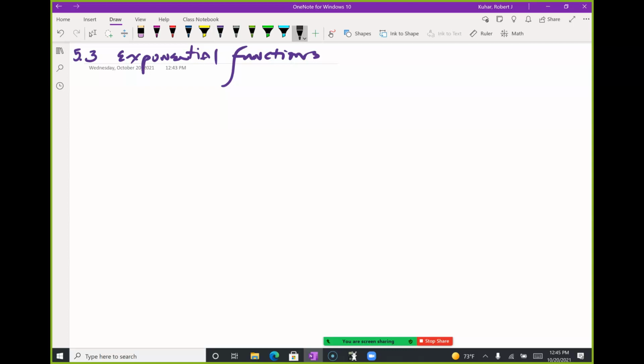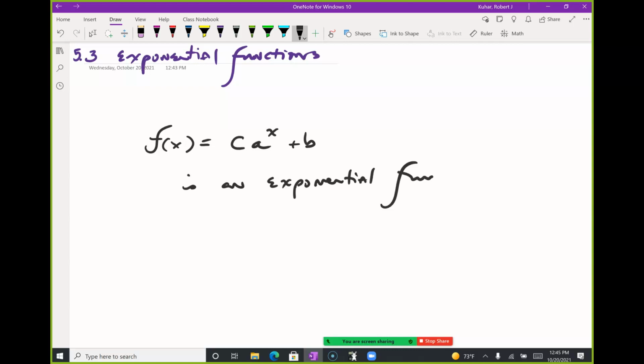But anyway, so what does an exponential function look like? So we'll say that f of x equals c times a to the x plus b is an exponential function if a, which is the base.